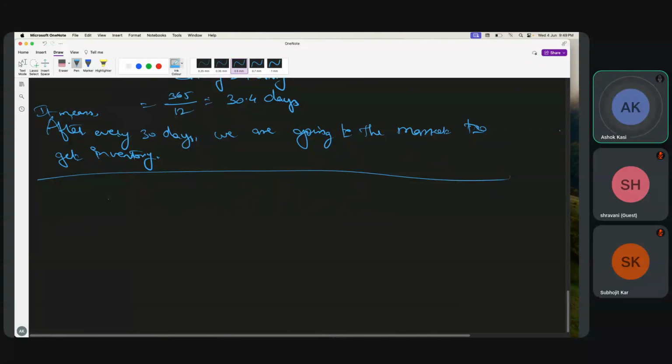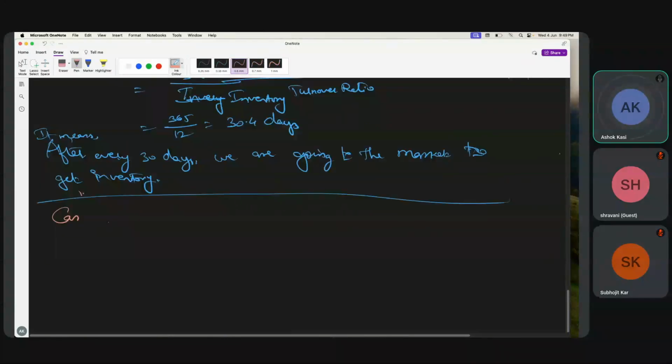Basically, it is how many days it takes for you to convert into cash and bring money back into the business. So basically you are locking your money when you are buying inventory.